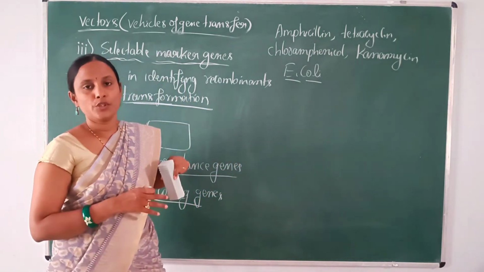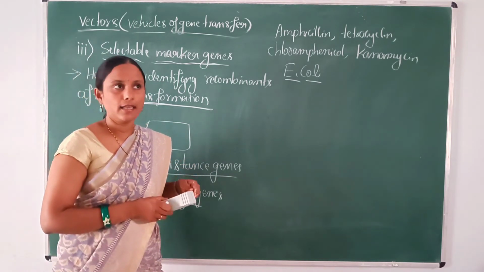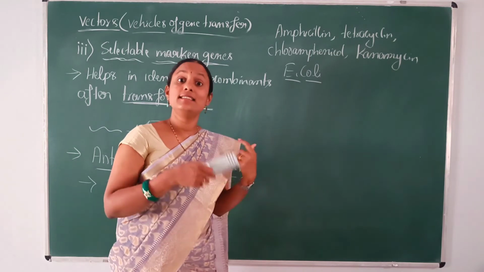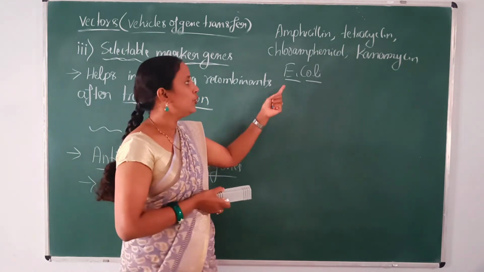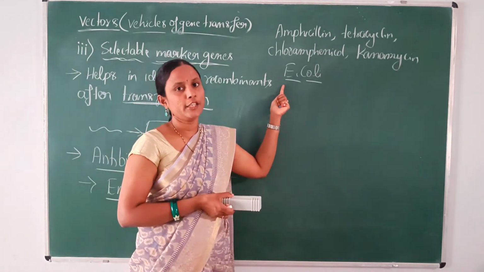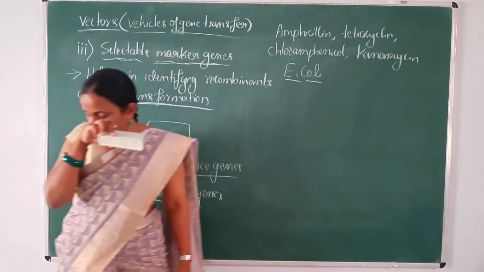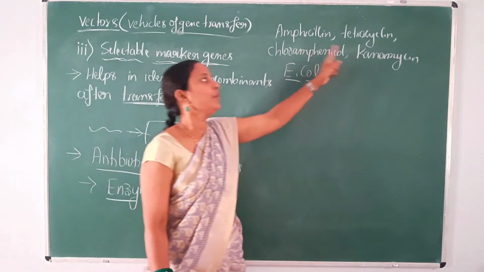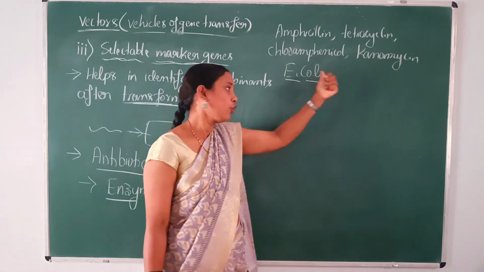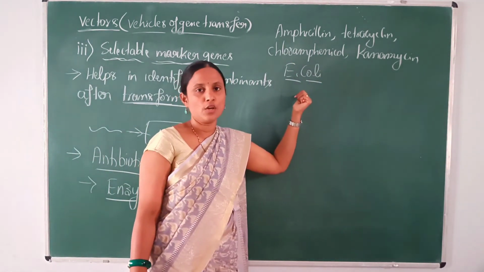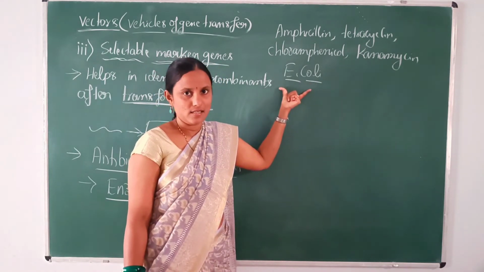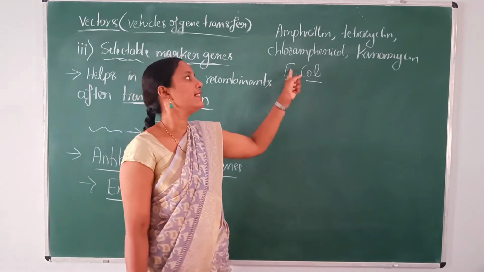So you may be asked a question in competitive exams like, identify the antibiotic resistance genes which are commonly used in Escherichia coli. So four antibiotic resistance genes are commonly used for Escherichia coli, for which it has resistance.